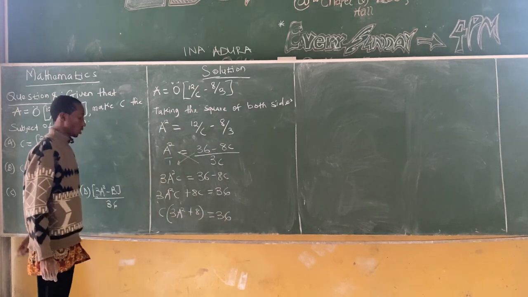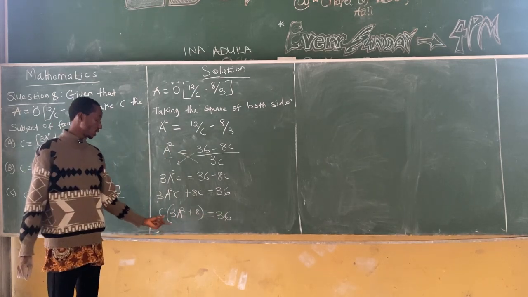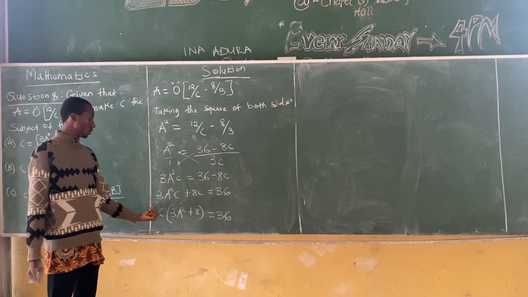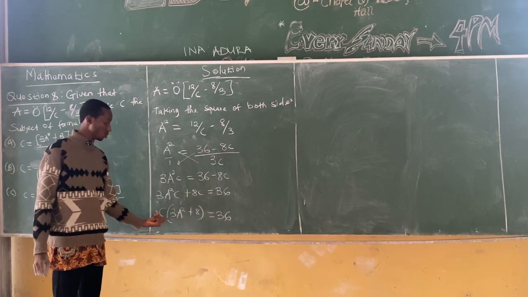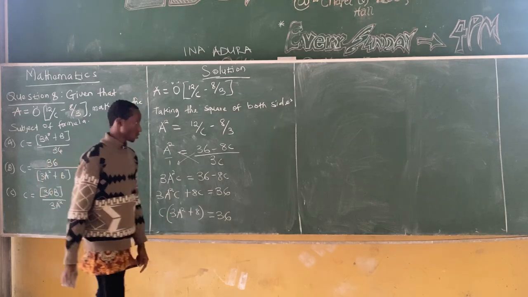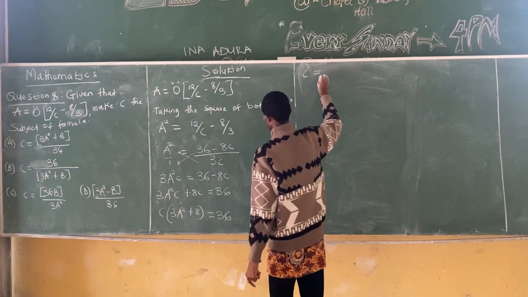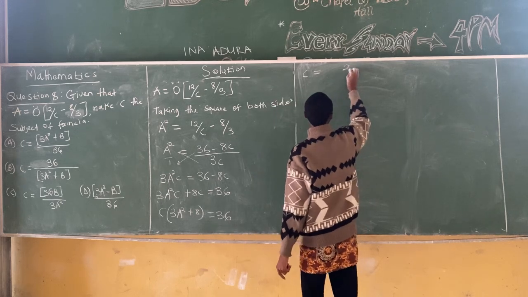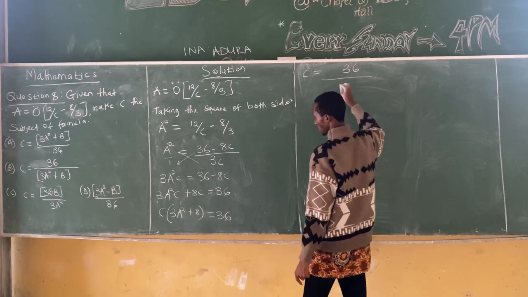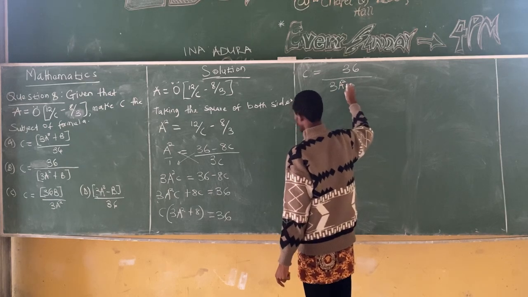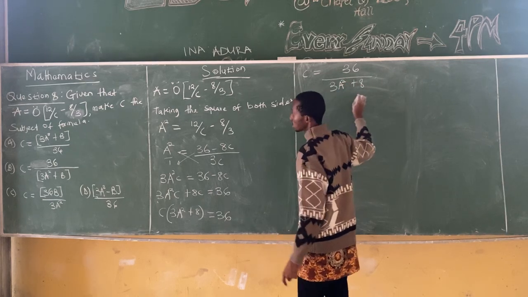Now we need to divide both sides by the coefficient of C, which is the values attached to C, which is this. Here we have C equals 36 divided by 3A squared plus 8. So this is the final answer.